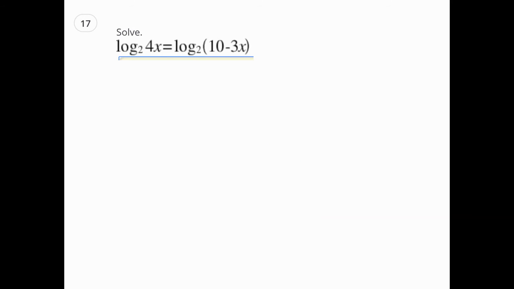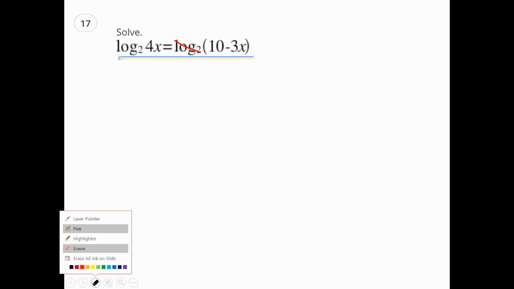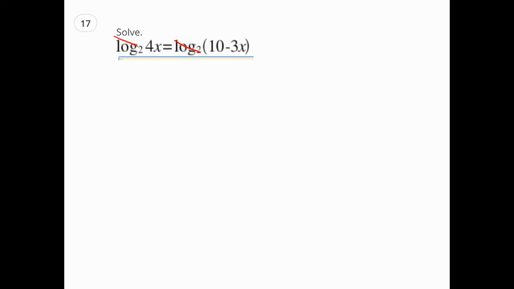All right, last one. Here I see 2 logs back in my problem, but this time I have a single log on each side. When we have just 1 log on each side, we can essentially cancel them out. You may recall that from the semester. It's the same concept that we use if I say something like 3 squared equals 3 to the 5x minus 1.